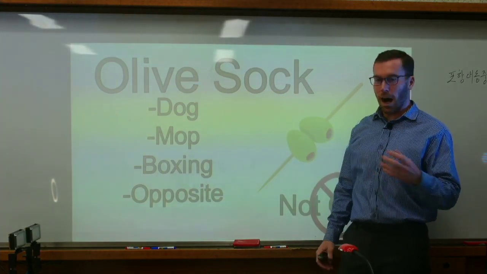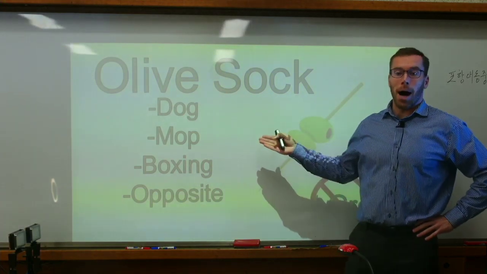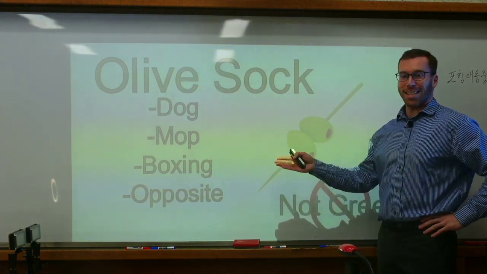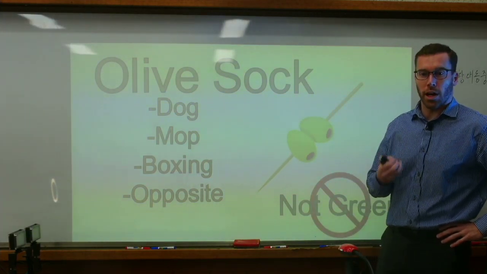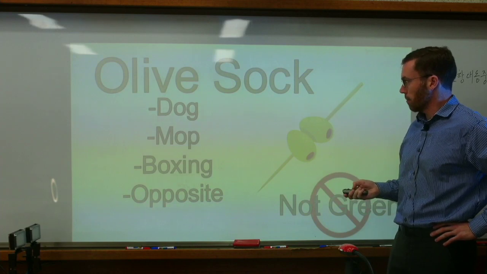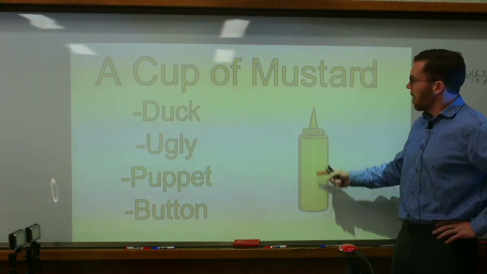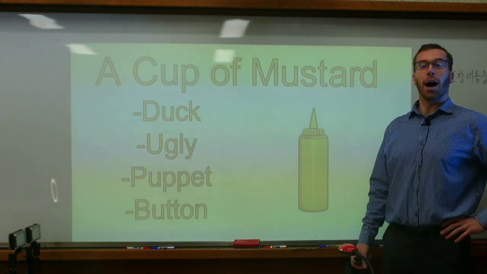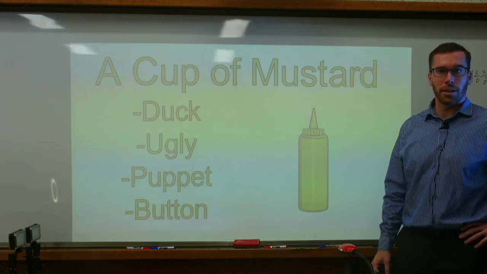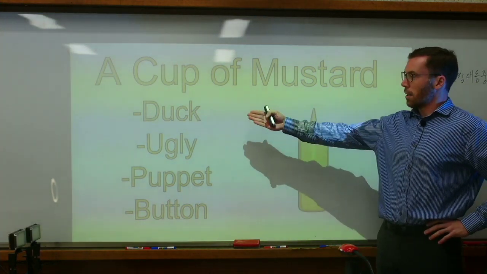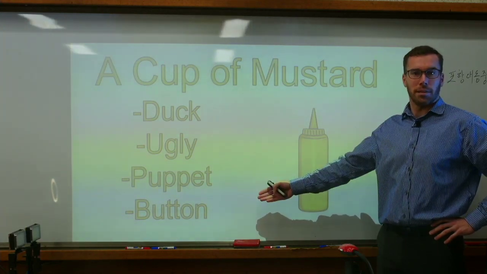Sock, olive sock, dog, mop, boxing, opposite. Okay, it's that O sound. And the last, for our U sound, it'll be this mustard color. A cup of mustard. Duck, ugly, puppet, button.